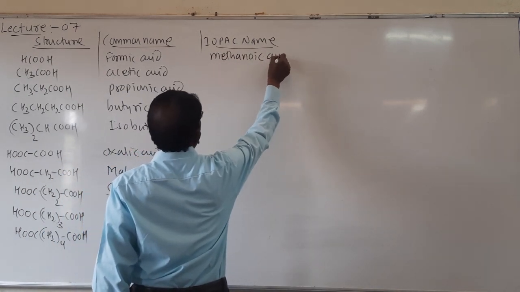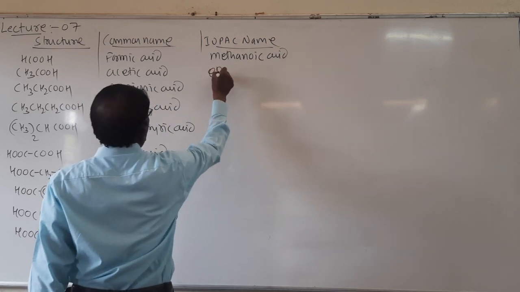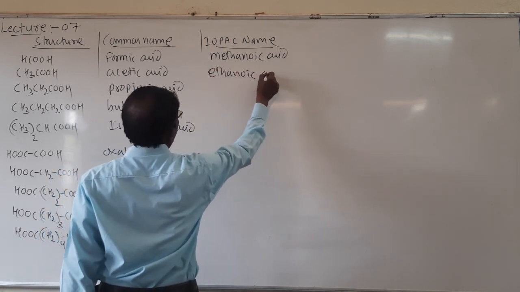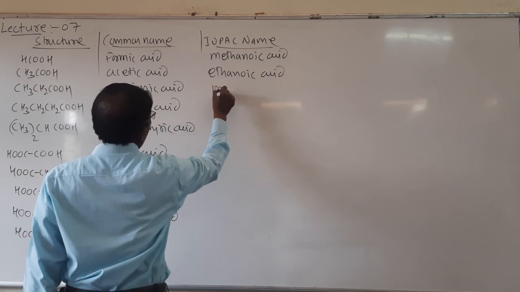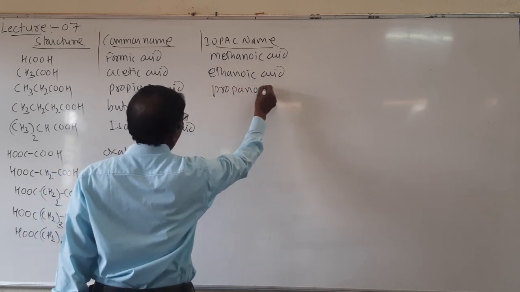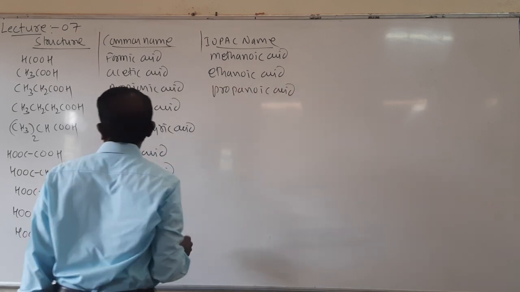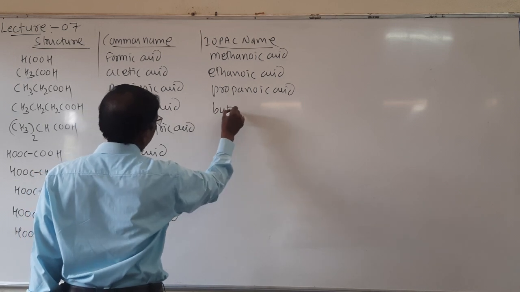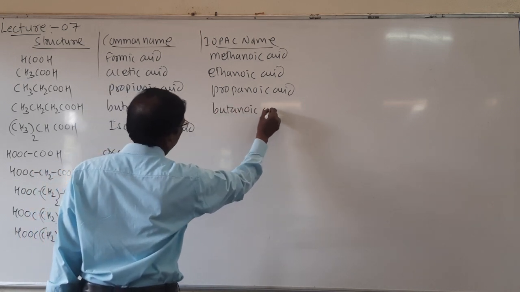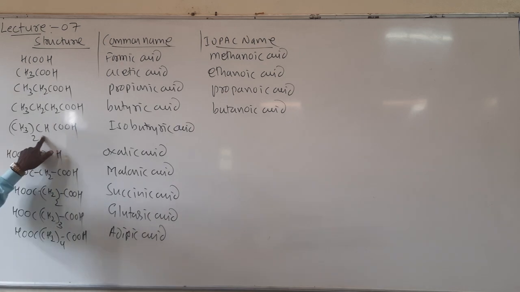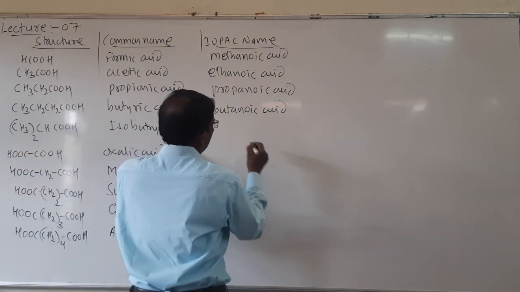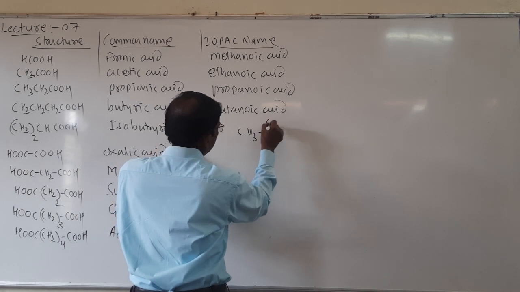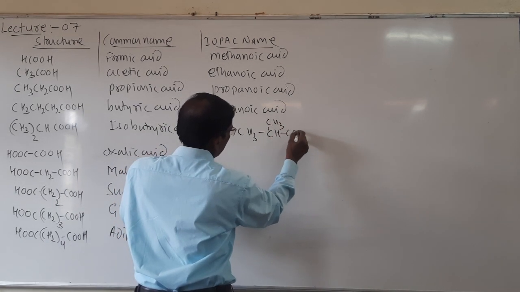Methanoic acid, ethanoic acid, propanoic acid, butanoic acid. Look here, one has a side chain, so it is written like this: CH3, CH CH3, COOH.